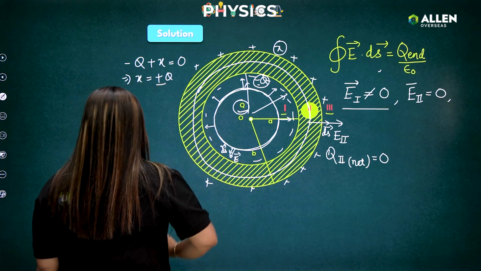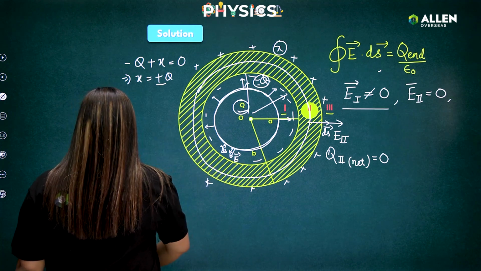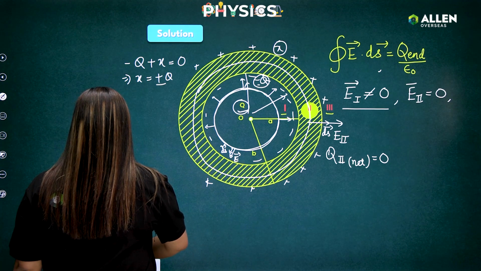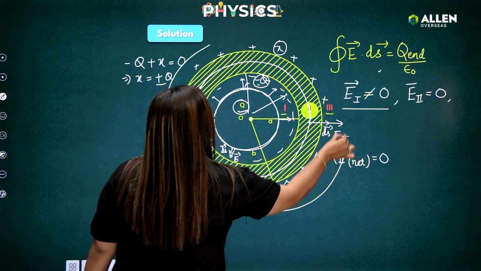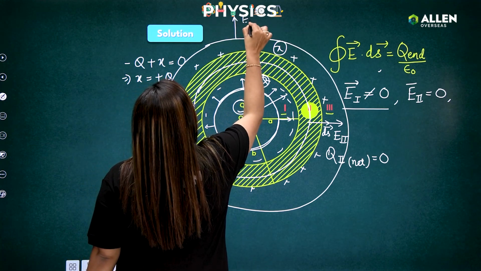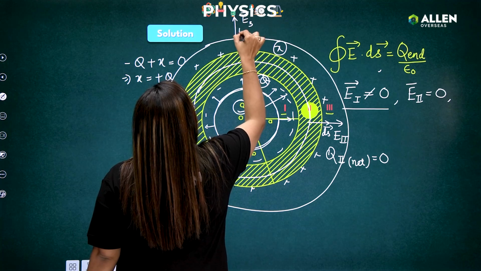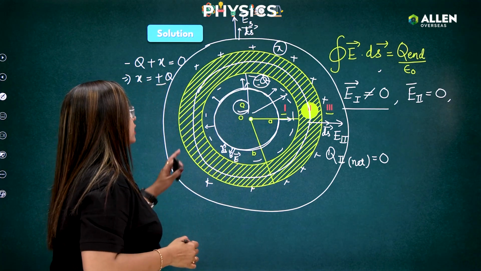Well, let us draw another region just outside it. The Gaussian surface in this region will be this one. If I say that this is the electric field just outside it, here also you can see that the dS vector is along its direction.